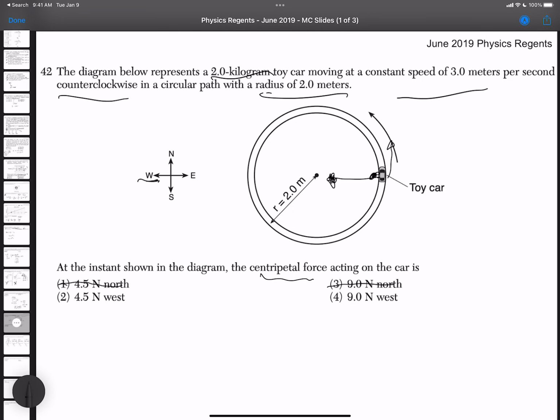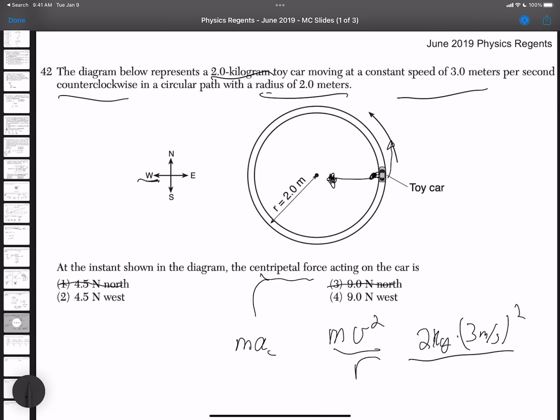Now to figure out the centripetal force, we do the mass of the object times the centripetal acceleration. Well, that would be the mass times v squared over r. So I've got 2 kilograms times 3 meters per second squared, divided by 2 meters.